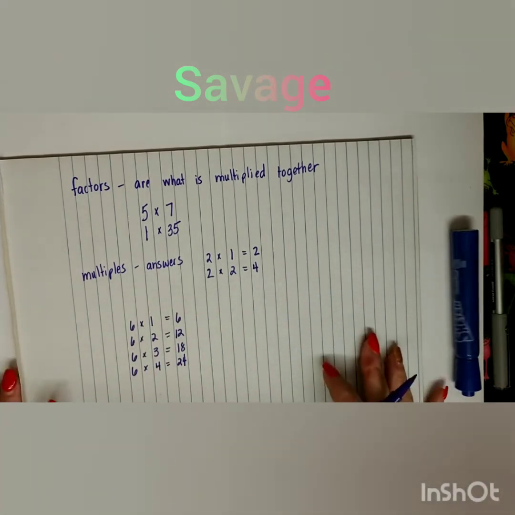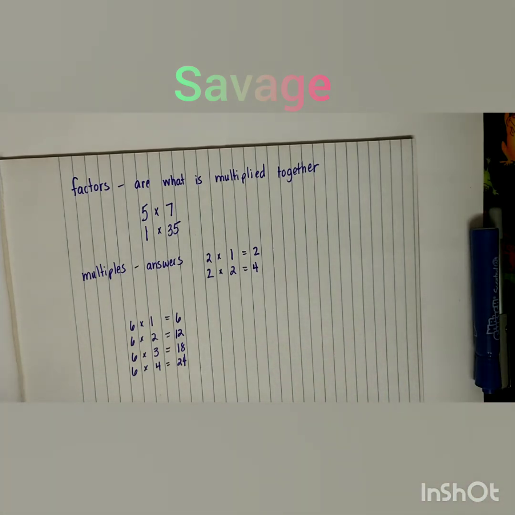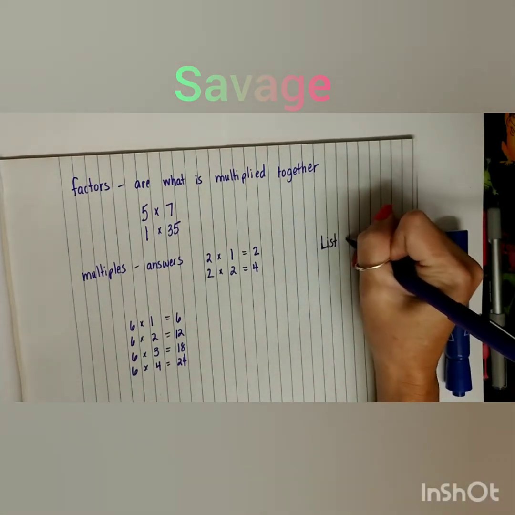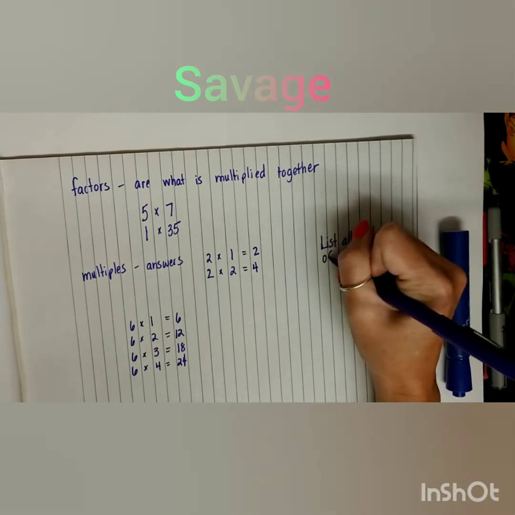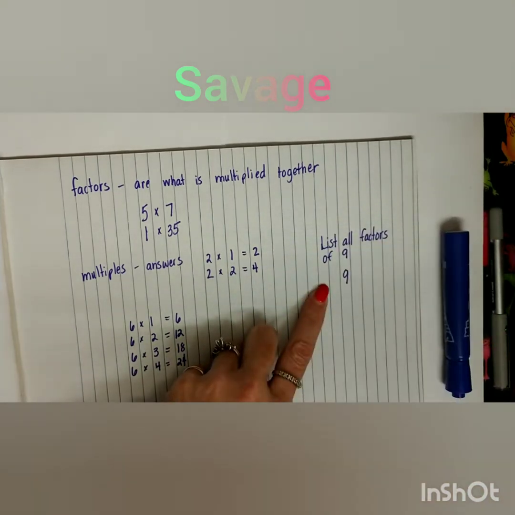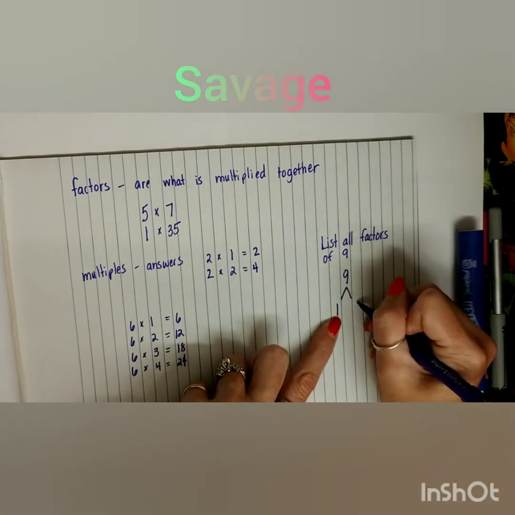Now, one of the problems may ask, what are all the factors of 9? List all factors of 9. What I do is think, what two numbers multiplied together equal 9? We start with the easy one, 1 times 9.